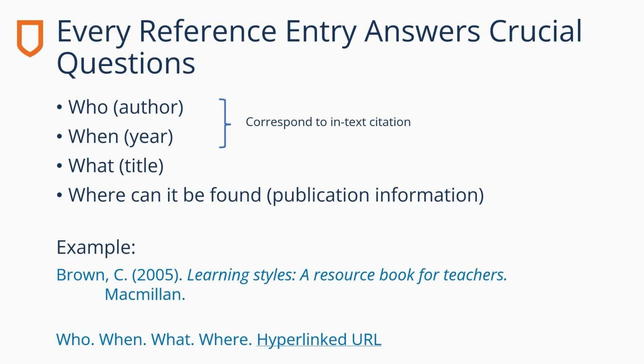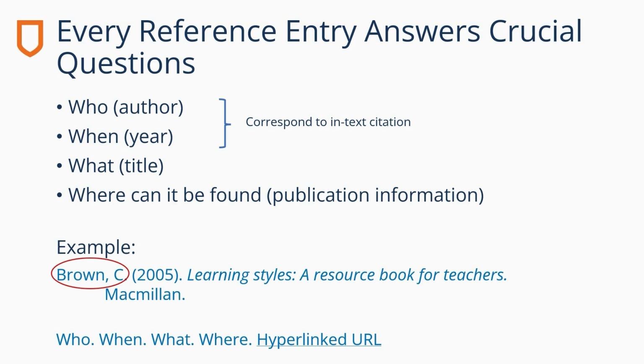And you can see this in our example of a reference for a book. Brown C., 2005, Learning Styles, a Resource Book for Teachers, Macmillan. Now another thing that differs from the in-text citation is that we're including the author's first initials in the who spot.